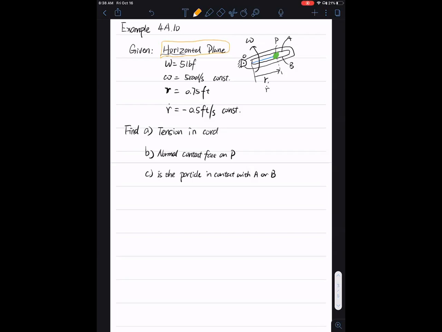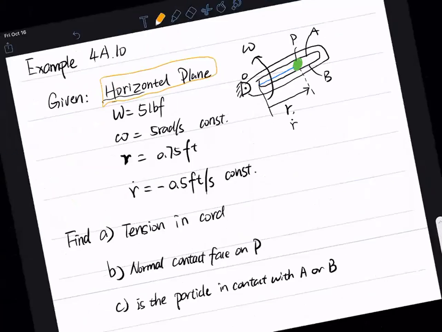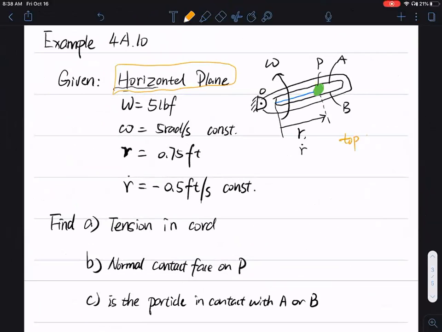Even though we draw it like this, we're looking at the top view. You all learned engineering graphics, right? That's a top view. So if you look at the top view of this whole thing, that's how everything is set up.